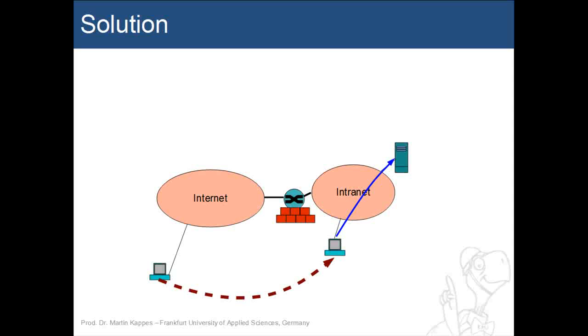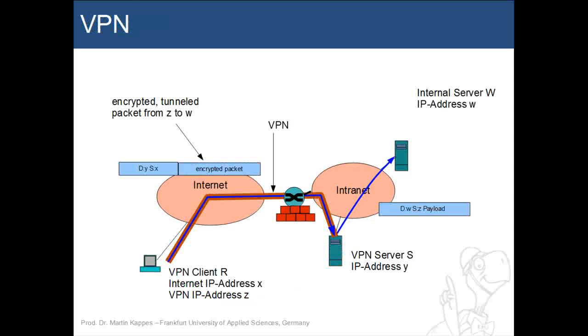How is this done technically? Well, technically, VPNs can be realized by means of tunneling and encryption. So this here is a depiction of a remote access VPN, such as was depicted previously.